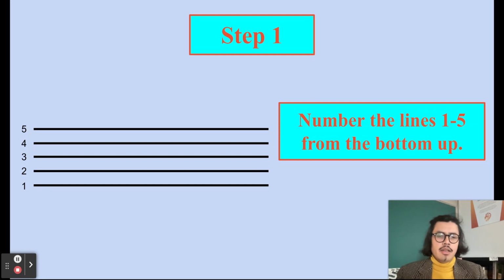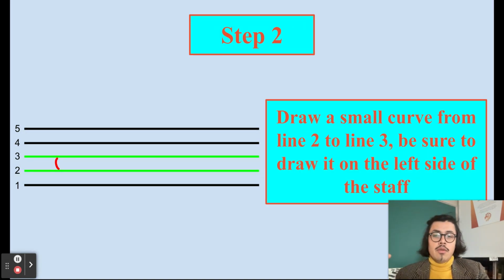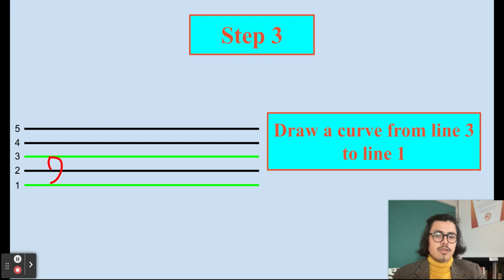You can number the lines from top to bottom if you have a staff, or just mentally envision that you have 5 numbers, one for each line, so you can follow along. Between lines 2 and 3, you're going to draw a tiny curve that you then prolong from line 3 to line 1, like a little spiral going down. As you notice, it's wrapping around the second line, which is the G line. That's why this is called the G clef.